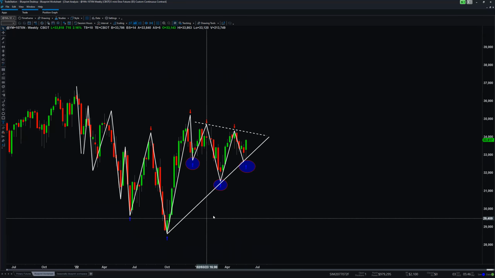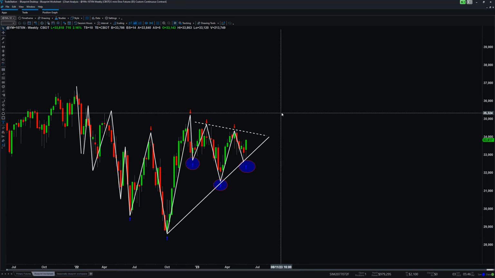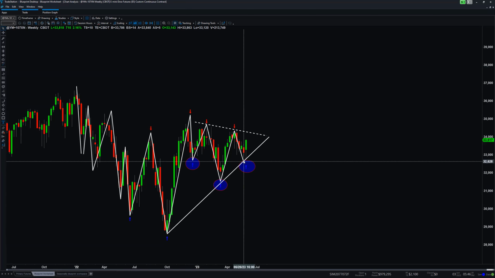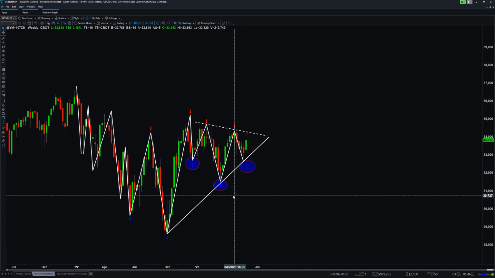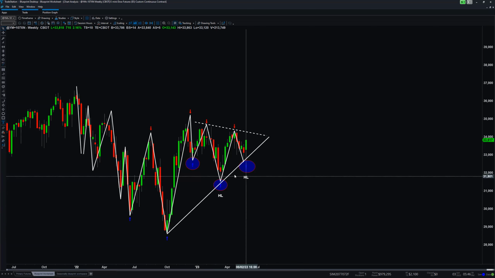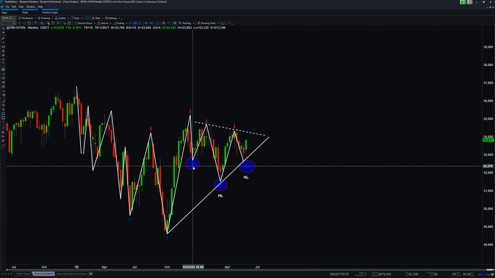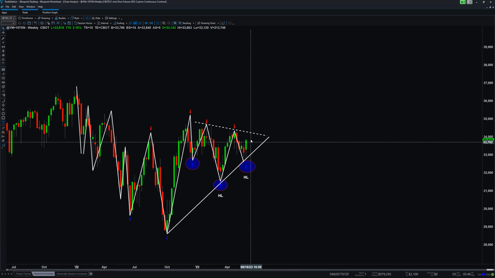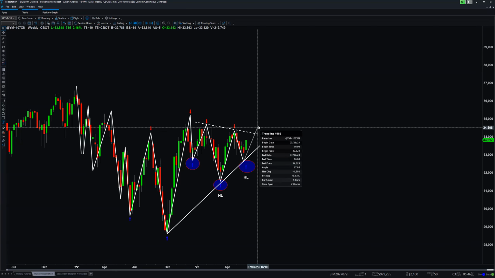So I could argue this is an uptrend, which is something that I would lean towards to argue now, okay, this is a confirmed uptrend because we have two higher lows here with one higher low and a second higher low. This confirms my uptrend. But you could also say, in terms of trend structures and trend formations, that this is a head and shoulders, and the head and shoulders would imply that we see a breakout.